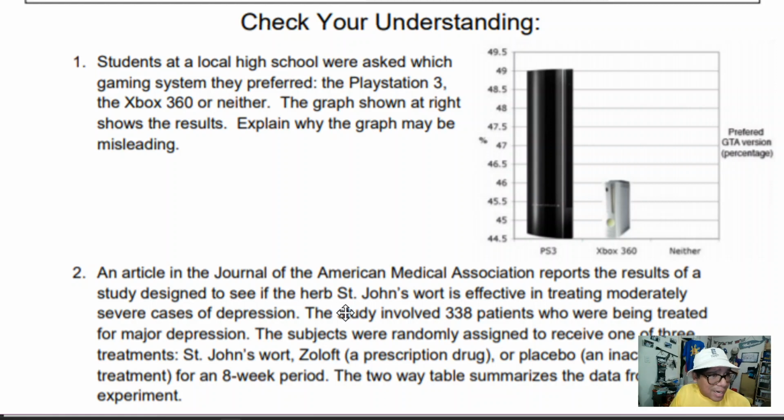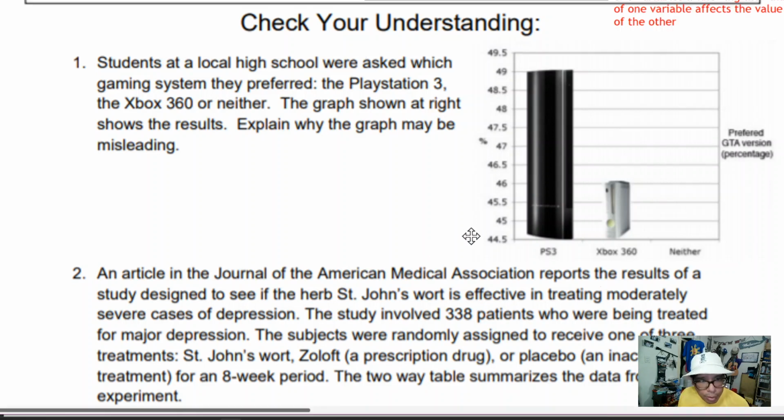Firstly, students at a local high school were asked which gaming system they preferred, the PlayStation 3, the Xbox 360, or neither. The graph at the right shows results, and explain why this graph might be misleading. Go ahead, pause here if you want to think about it and write about it.